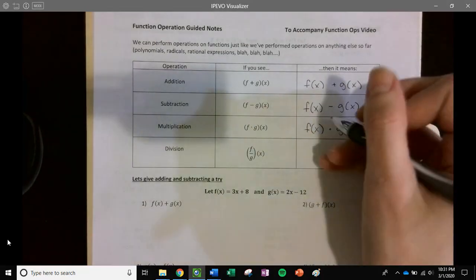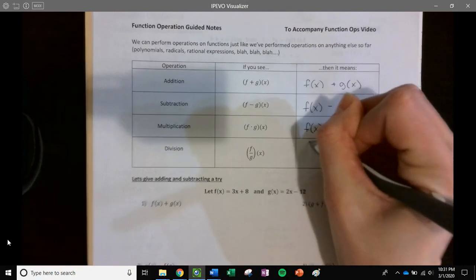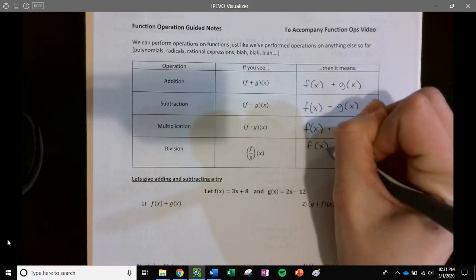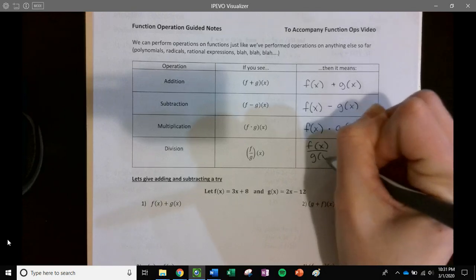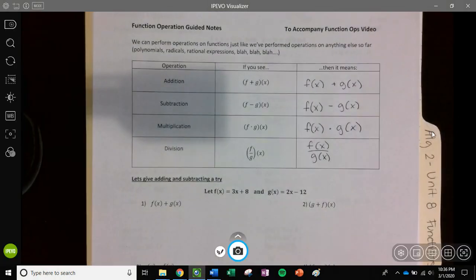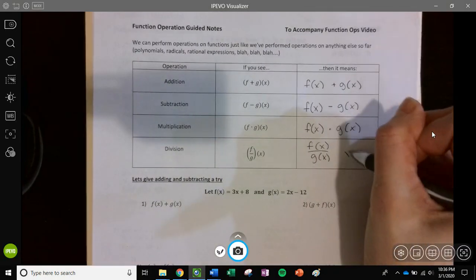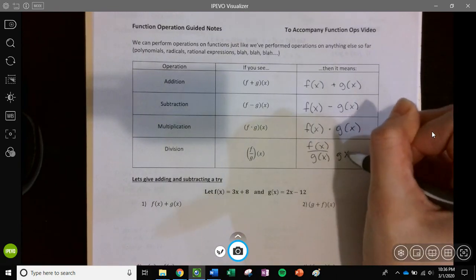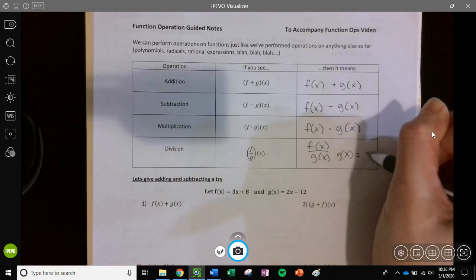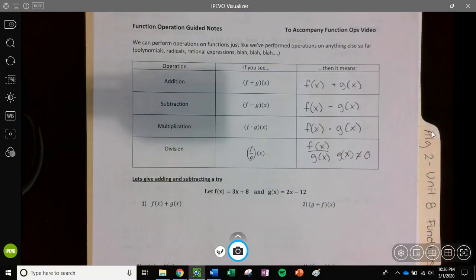And then division, (f divided by g)(x) is the same thing as f(x) divided by g(x). The rule here is that g(x), the denominator, cannot equal 0.